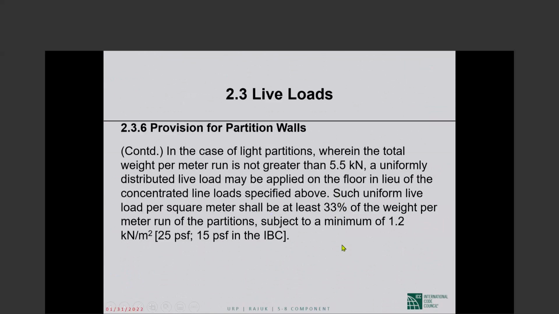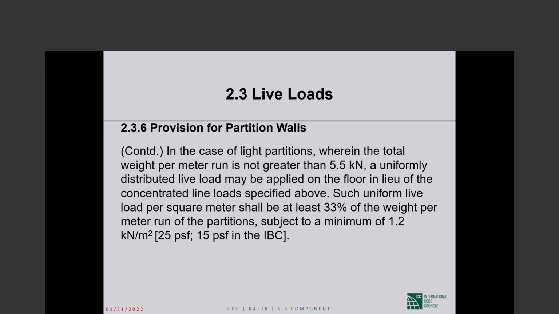Such uniform live load per square meter shall be at least 33% of the weight per meter run of partitions, subject to a minimum. This minimum value is what everybody uses for movable partition loads, 1.2 kilonewton per square meter. This is the BNBC 2020 minimum movable partition load. That comes to 25 pounds per square foot in our units.